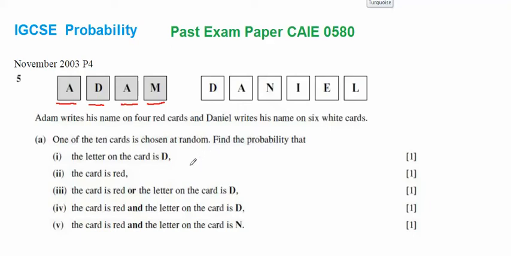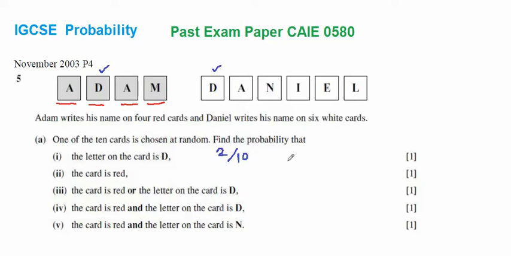So we will see how many cards are satisfying this condition, which means the card is written with D. It is this one and this one. So out of these 10, 2 cards have the letter D on them. So the number of cards satisfying the condition is 2, divided by the total number of cards, which means all possible outcomes, 10.